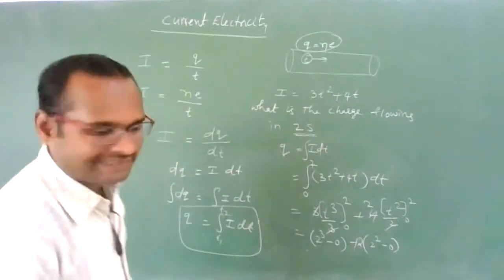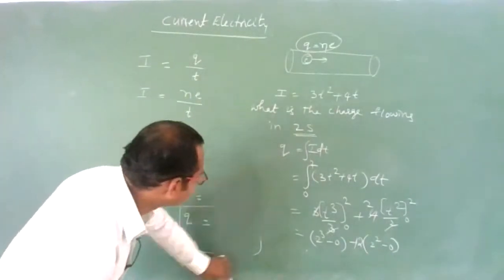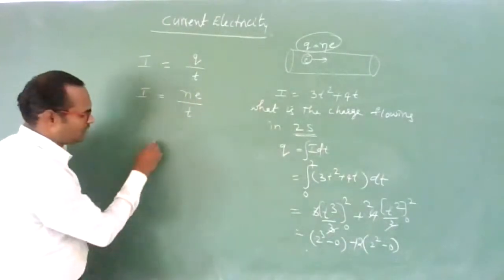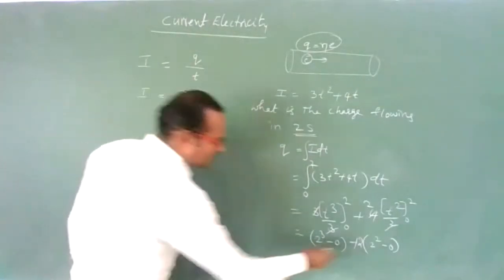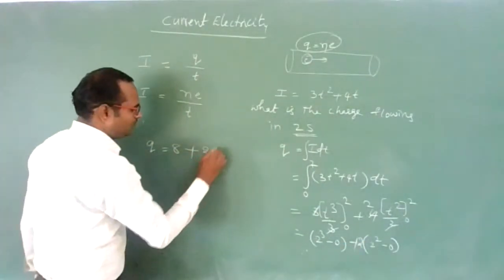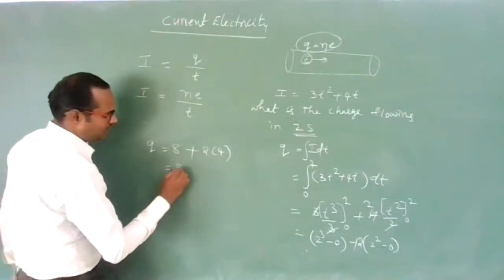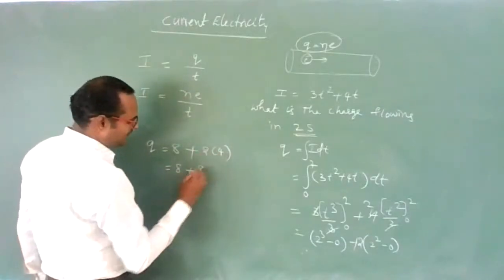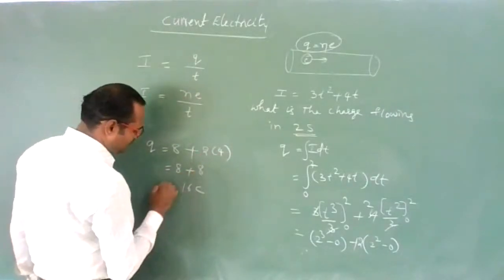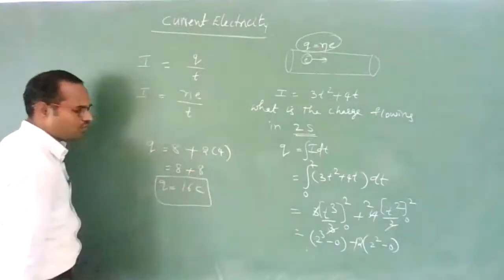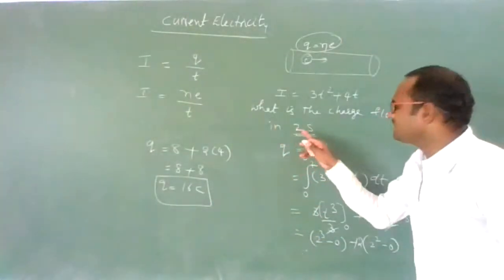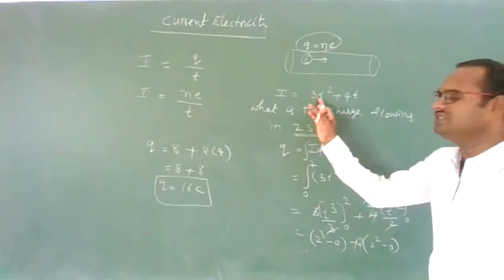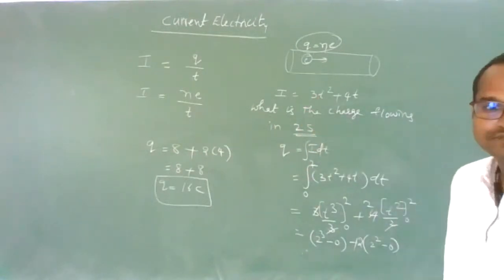So at last what will you get? Charge q is equal to 2 cube is 8, plus 2 into 2 square, which is 4, 2 fours are 8. So 8 plus 8 is 16. 16 what? Charge we are finding, so coulomb. 16 coulomb charge is flowing in 2 seconds when current is changing like this with respect to time.